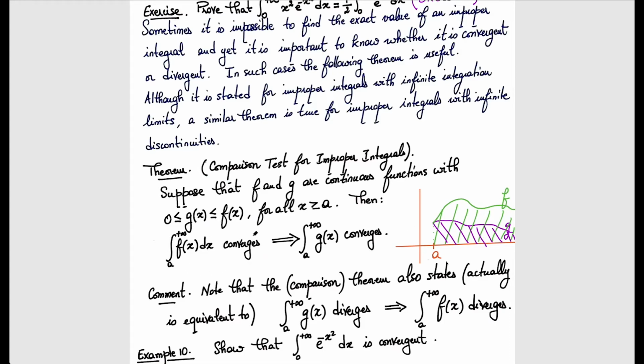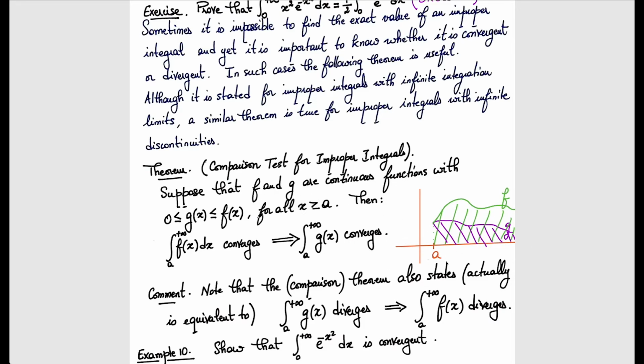So one more time, if the area under the top curve f is finite, then it follows that the area under the bottom curve g is also finite. So indeed the figure makes it believable. Again, this is not a proof, and we're going to omit the proof in this lecture video.